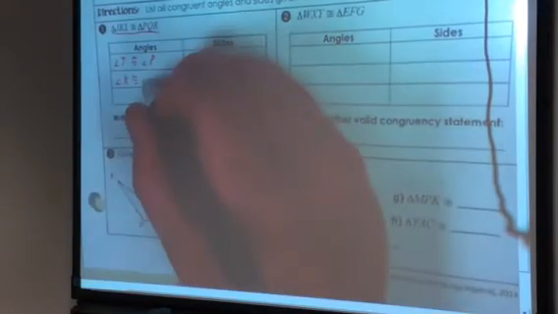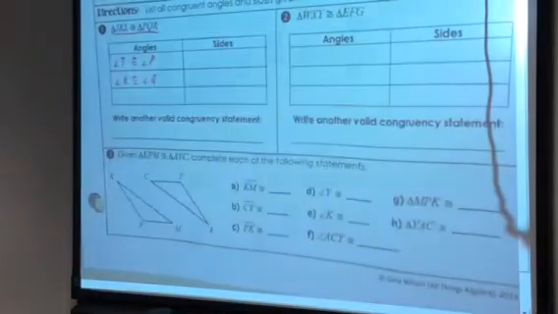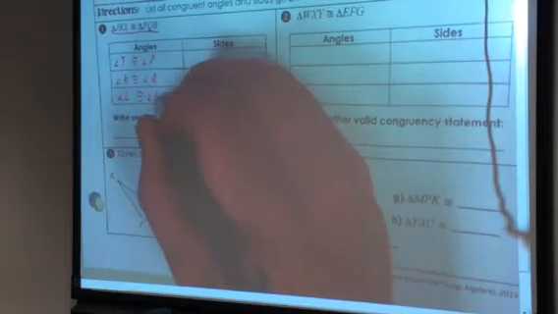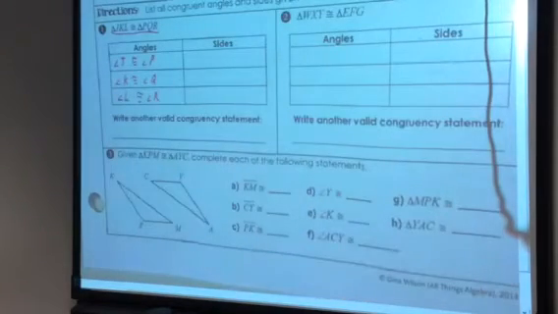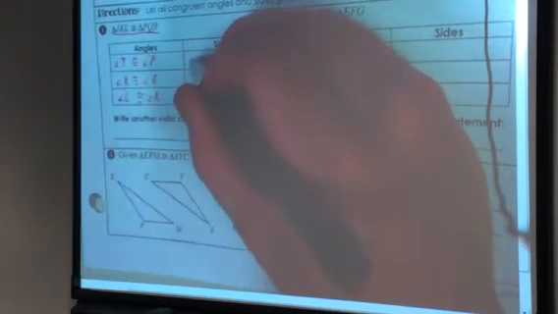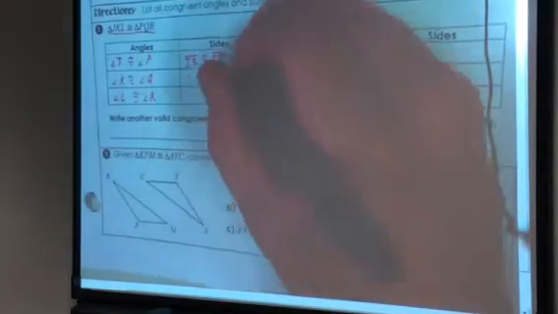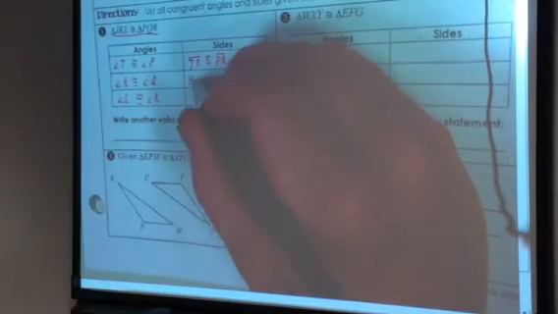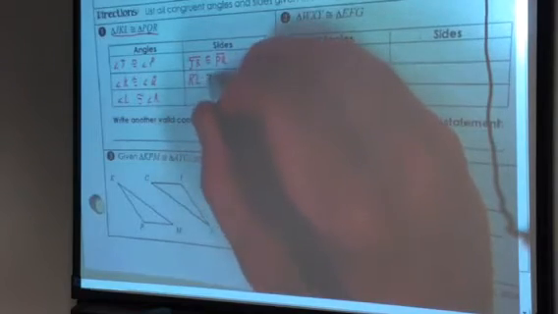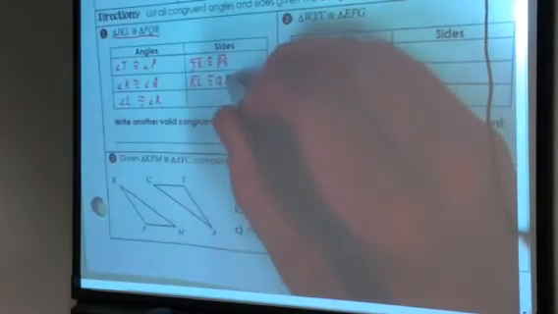Angle Q. Angle L has to be congruent to which angle? Angle R. Then the sides, if I use JK, what's the first 2 letters of the next triangle? PQ. If I use KL, it would be QR.